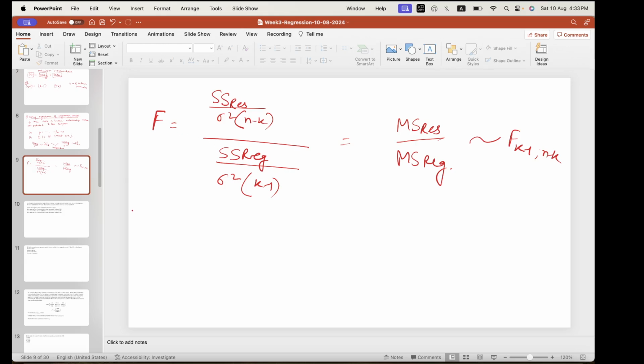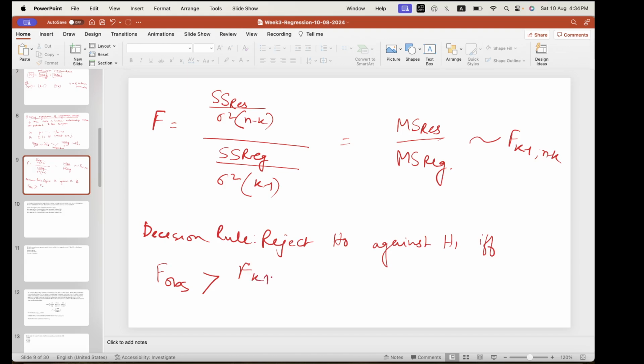So the decision rule is we reject null H naught against H1 if and only if F observed is greater than F k minus 1 n minus k alpha. What does this point correspond to?